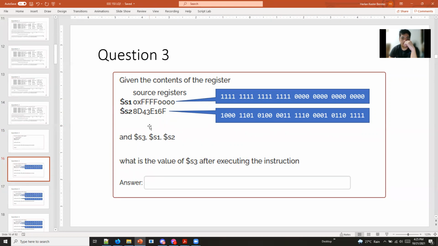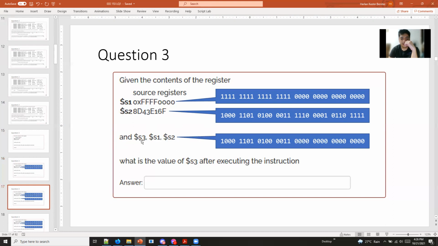Para mag-bitwise na end, i-end lang natin lahat ng magkakatapat na digits. Since end operation to, as long as 0 yung isang row, 0 na yung result. So yung latter half dito, di natin kailangan pansinin. And as long as 1 yung isang side, ikokopya lang natin yung nasa other side.